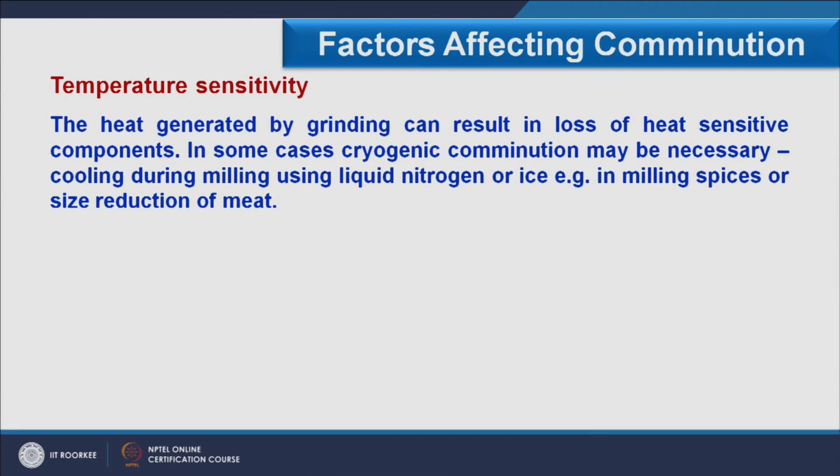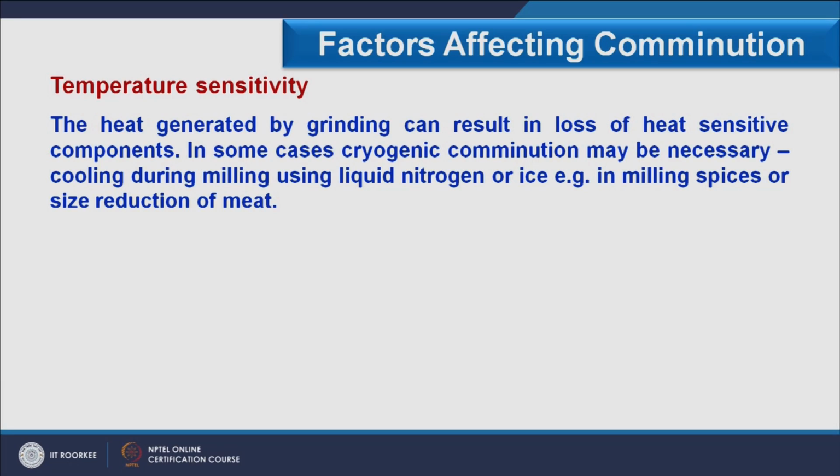Therefore, in some cases cryogenic comminution may be necessary. For example, cooling during milling using liquid nitrogen or ice, and this we consider in milling spices or size reduction of meat. So, temperature sensitivity we also have to consider as far as comminution is concerned.